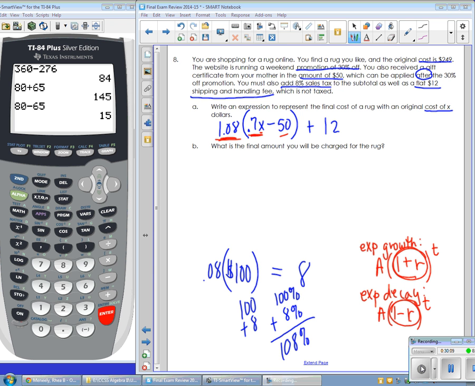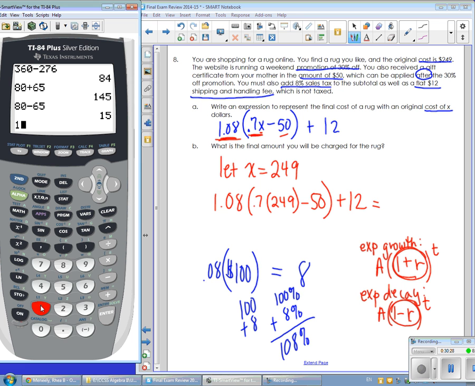So then what is the amount that you're going to be charged for the $249 rug? So basically we're just going to go ahead and let x equal 249, and I'm going to plug it into my formula. 1.08 times 0.7 times 249 minus 50 plus 12. And we can just do this on the calculator. 1.08, and then in parentheses, 0.7 times 249.